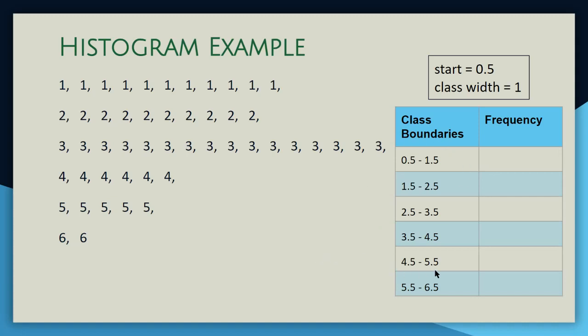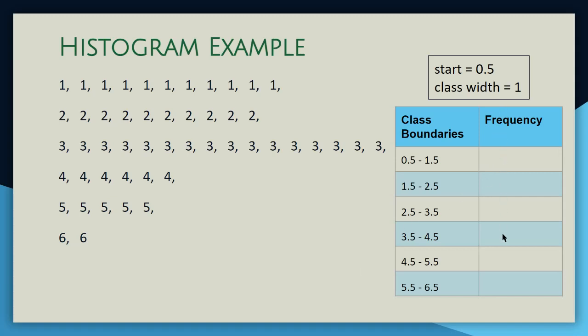We should check at this point that that last row is big enough to contain our biggest data point. So does 6 fit in this table? And the answer is yes. 6 fits exactly halfway between 5.5 and 6.5. So we've probably constructed this table correctly.